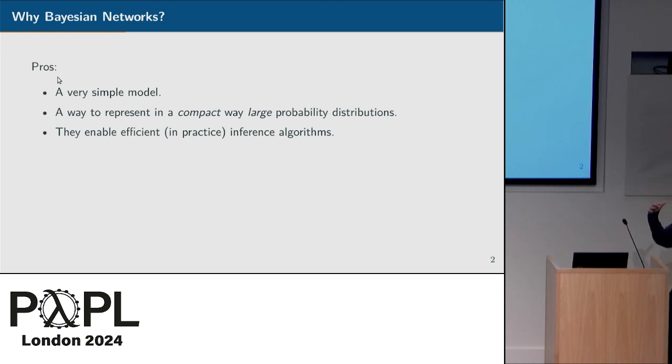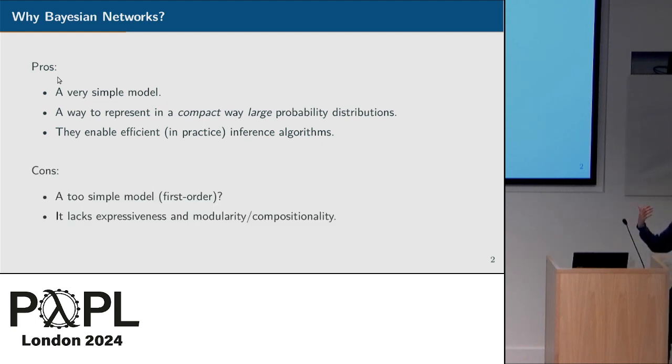And in particular, we can represent using this graph and these kind of tables in a very compact way, possibly very large probability distributions, because we don't have to express the full joint probability distribution, but we just highlight the dependencies between the random variables involved. And in particular, we have very efficient in practice algorithms to do Bayesian inference using Bayesian networks, exploiting the graph structure of the network.